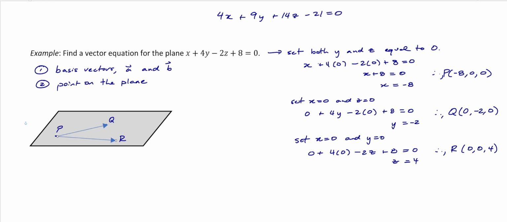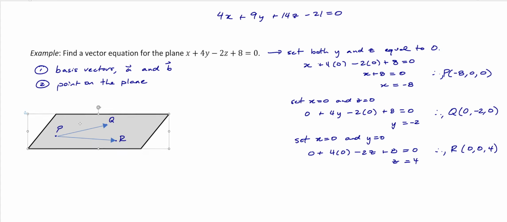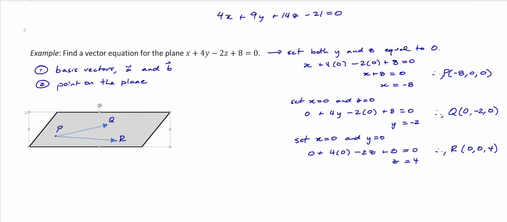Okay, and those, in fact, will be my basis vectors, basis vector A and basis vector B. So let's find basis vector A. Basis vector A is simply the vector from P to Q, so all I need to do is take Q minus P. That is going to be 8, negative 2, 0.